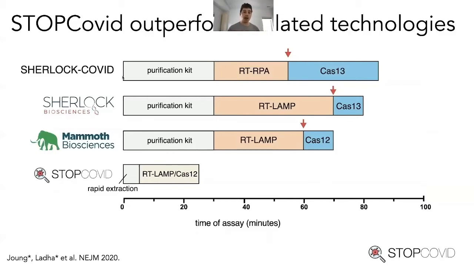The Sherlock Biosciences authorized detection workflow, as well as a Mammoth Biosciences detection workflow, have all been applied for COVID detection. However, they all involve a step, signified by a red arrow here, of opening the tube, which increases complexity. The Stop COVID approach involves a rapid extraction and a single step incubation that allows us to both reduce the complexity and increase the speed of the reaction.